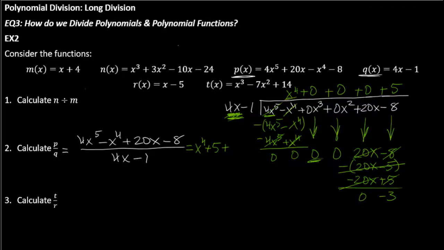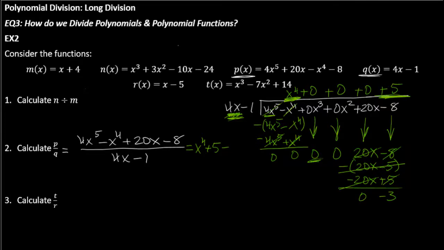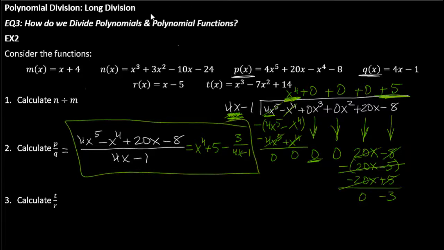So x to the 4th plus 5 plus, and in this case, it's going to be a minus because we're saying minus 3, right? But we're going to say minus 3 over 4x minus 1. And this would be our answer to this guy. Okay, so we have our whole answer plus our remainder.